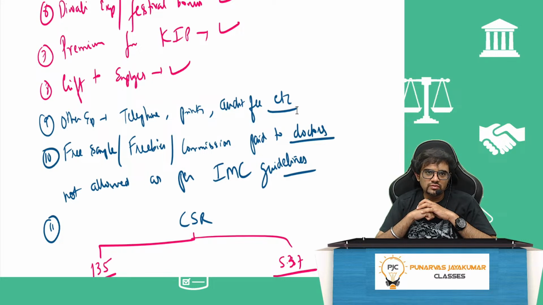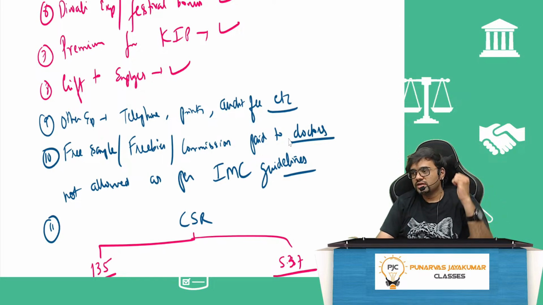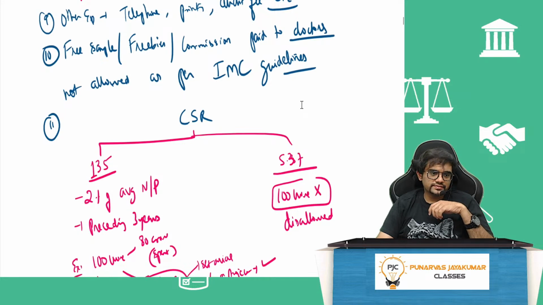Dolo sales was almost some 3,000, 4,000 crore during that time. Expense they claimed 1,000 crore as business development. Assessing officer said add back, pay tax on that, not allowed. So freebie commission paid to doctors not allowed as per Indian Medical Council guidelines.